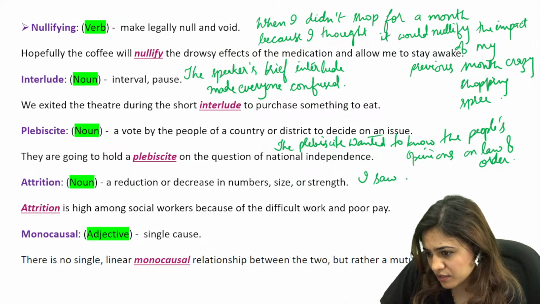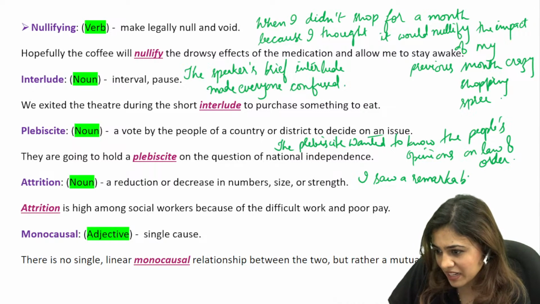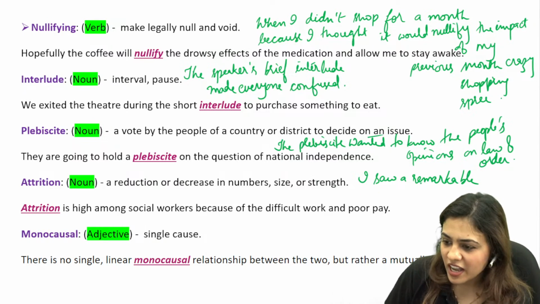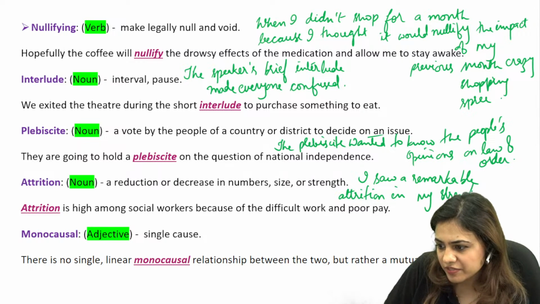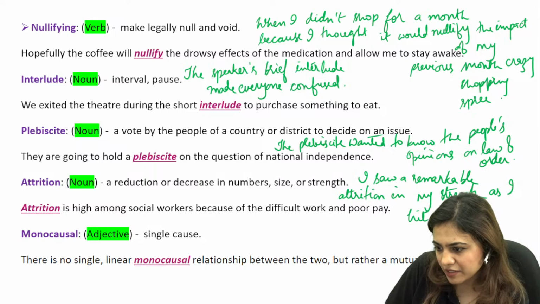I saw a remarkable attrition. अब ये वाला जो example है ये बिल्कुल I think it's super relevant to me. I saw a remarkable attrition in my strength as I hit my 30s.